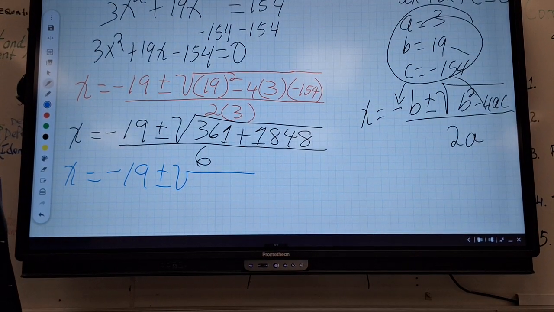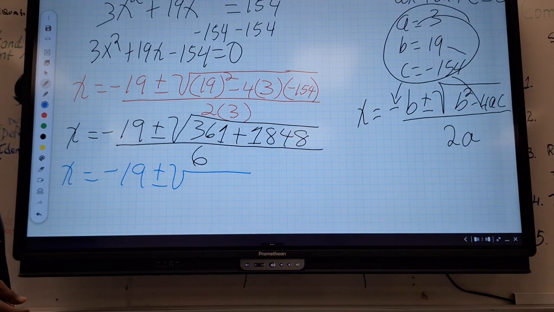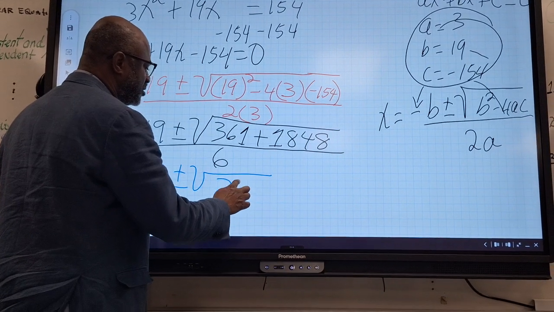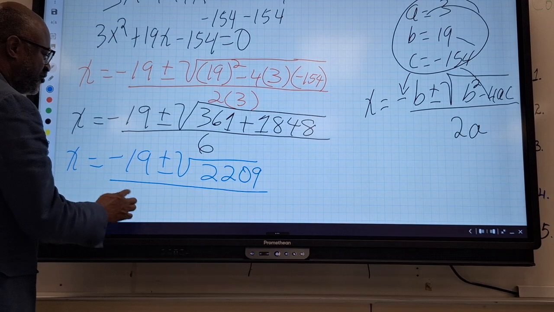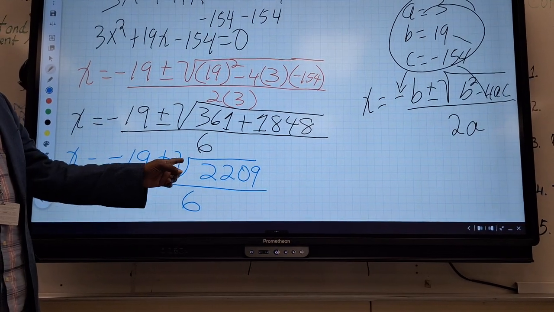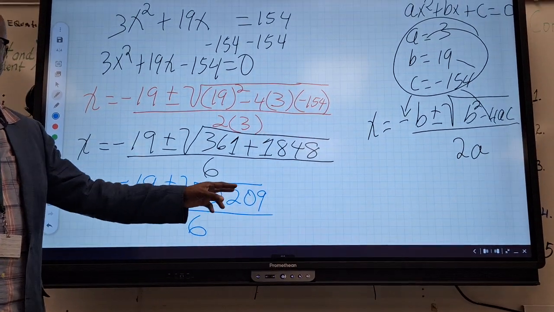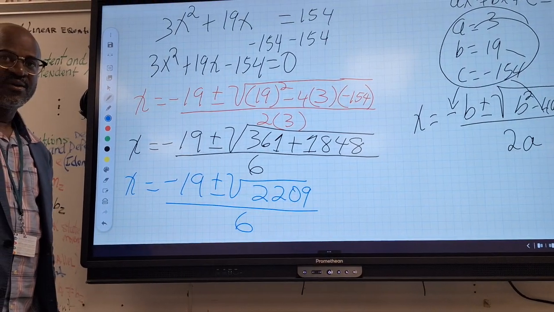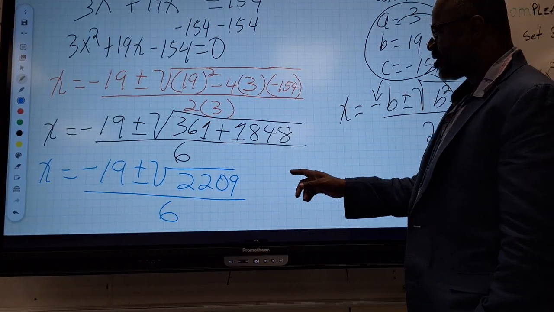That will give you 2,209. Everything is over 6. Now, try to use your calculator to see if this is a perfect square. Take the square root of that. Then it is a perfect square. There's no decimal. So we come back here.